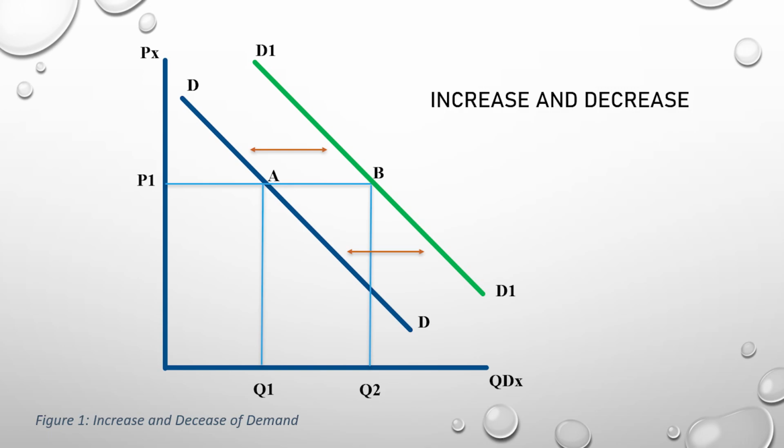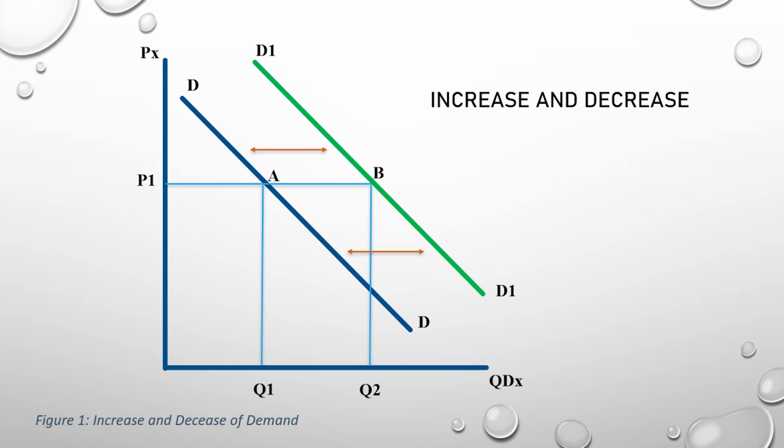A rightward or an outward shift of the curve is indicative of an increase in demand caused by a rise in income, expectation of a future price rise, rise in the price of substitutes, fall in the price of complements, and changing consumer preference.